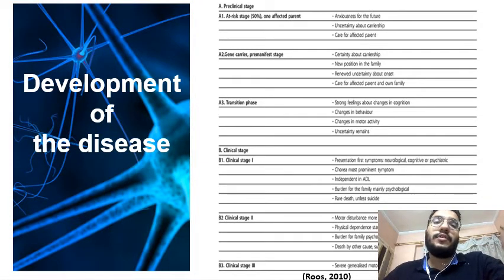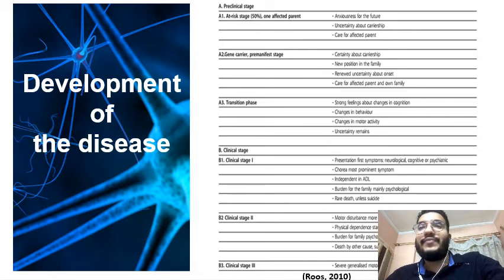This table shows the development of the disease. Development of the disease is divided into two main stages. First, the preclinical stage, and second, the clinical stage.